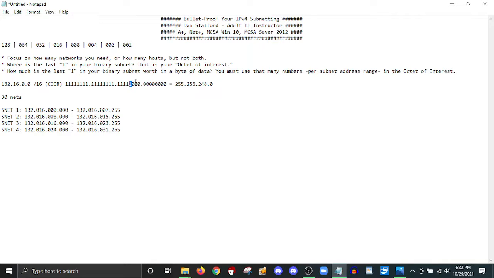Because the last one is worth 8 in a byte, I have 8 numbers in the third octet of each address range for each subnet. This is the address of the subnet over here. This is the broadcast address for the subnet, and I can use anything in between those two for host addresses.